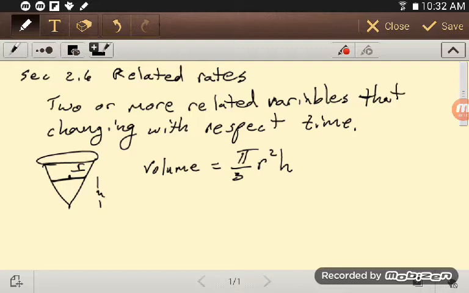Now, it's interesting that there's a nice theorem that says if you have something where you have a base and then from all sides you come up to a point, the volume of that is 1/3 of the volume of the same type of container, same sort of base that had vertical sides.